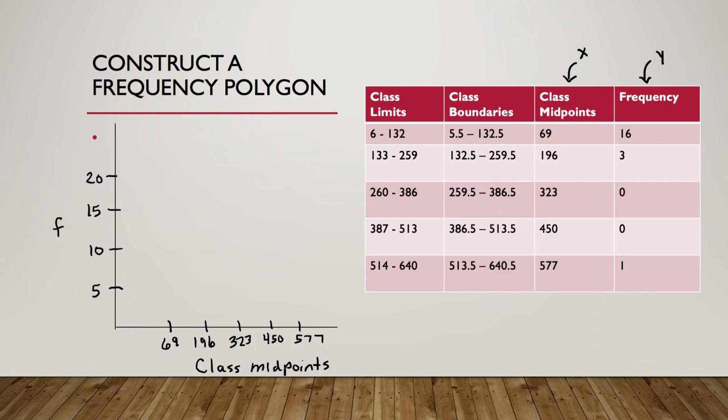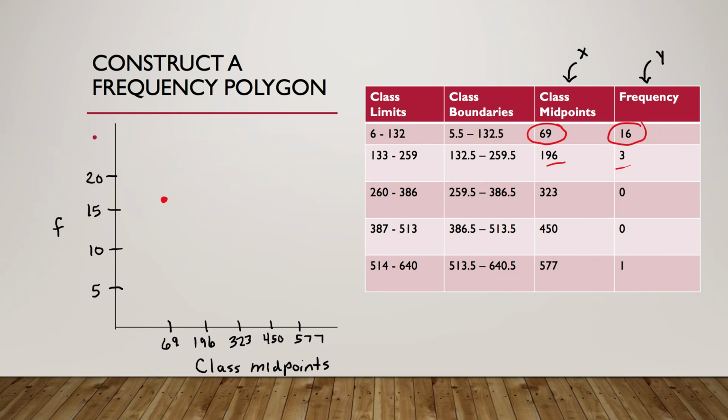Now, when I draw my line graph, I'm going to draw points. So the first point is going to use a midpoint of 69 and a frequency of 16. So above the 69, I'm going to place a point up about the 16, so maybe right about here. For the 196, the point's going to be at 3.